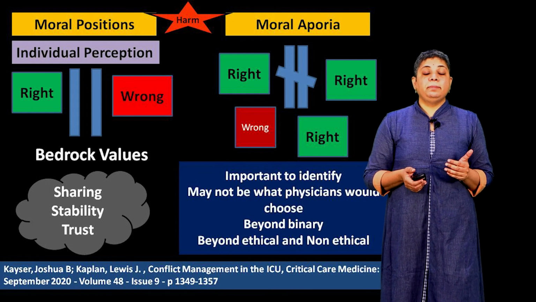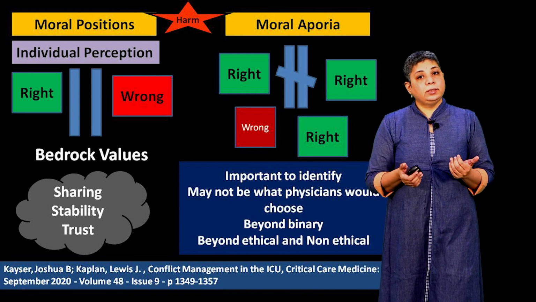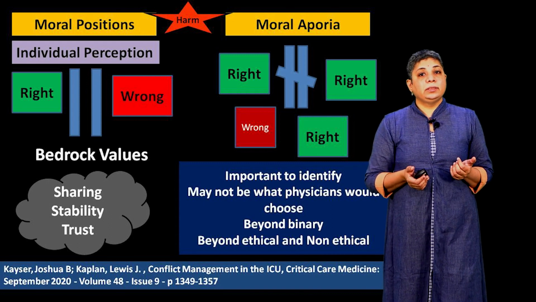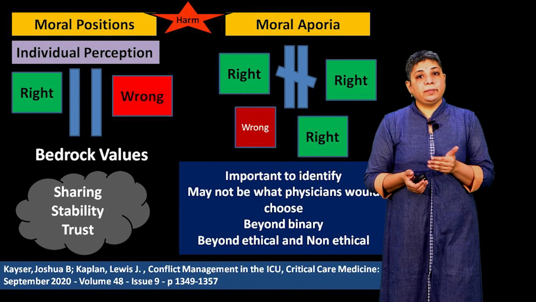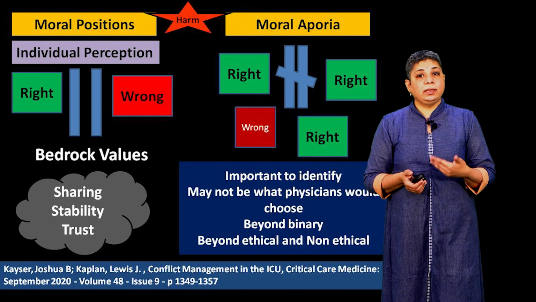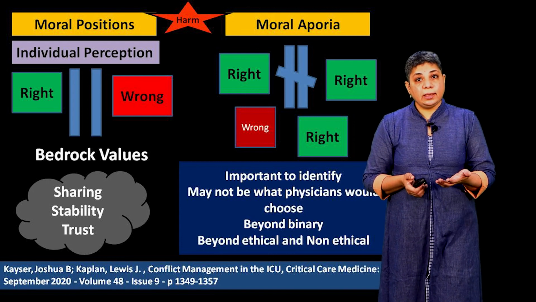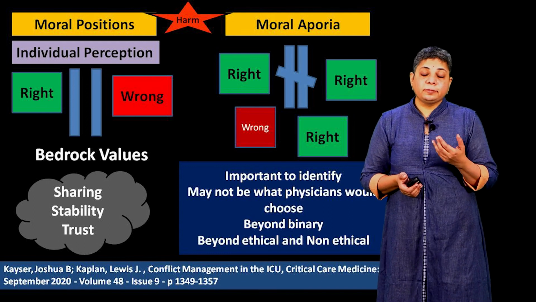For example, if I talk to a family of a very sick patient who has been coming to the ICU very frequently, and we keep prognosticating, we say it's very unlikely that this patient will recover, and that patient has a very, very poor quality of life.